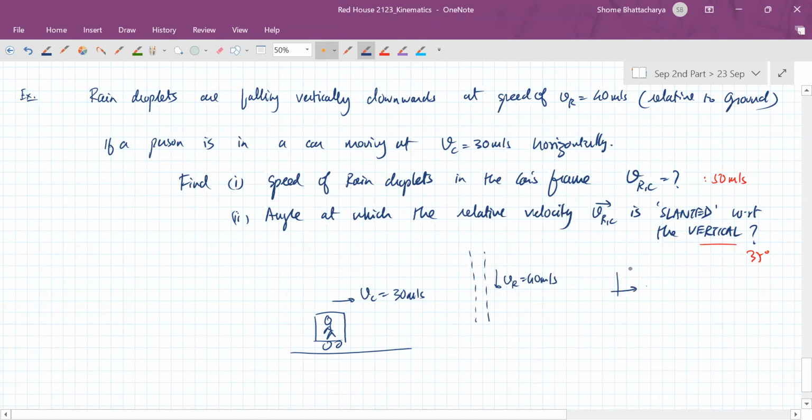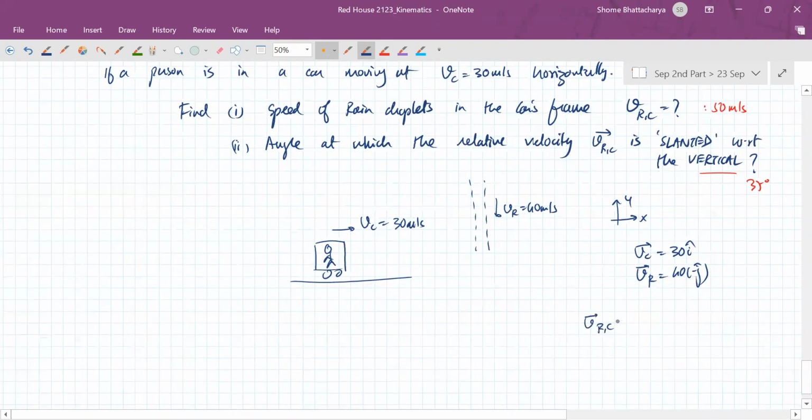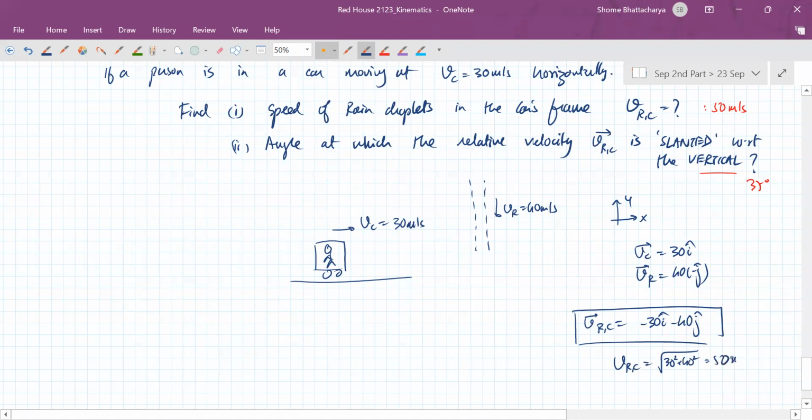So if we take a system of coordinates like this, velocity of the car we can write as 30 i cap and velocity of the rain we can write as minus 40 j cap. So in this system we can write velocity of the rain with respect to the car will become minus 30 i cap minus 40 j cap. So the magnitude will become 50 meters per second.